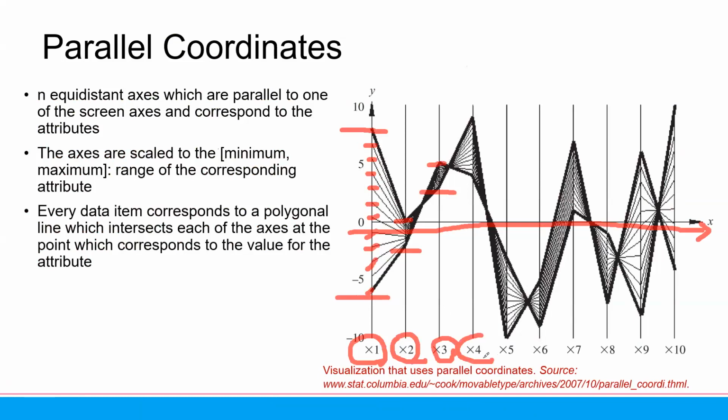When x equals 4, this is the maximum and this is the minimum. And we can see the changes. So usually this kind of data is a kind of time series data. So there are some time. Maybe this is the time number 1, time number 2, time number 3, time number 4, and so on.